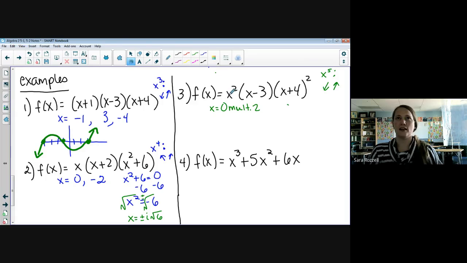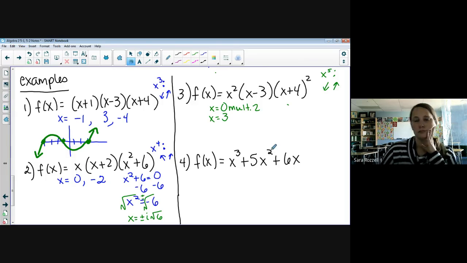You had x and another x. What is our second root here? If you have x minus 3, what is it going to be? Positive 3. Our fourth and fifth root, because we had it twice. You have x plus 4. What kind of 4?